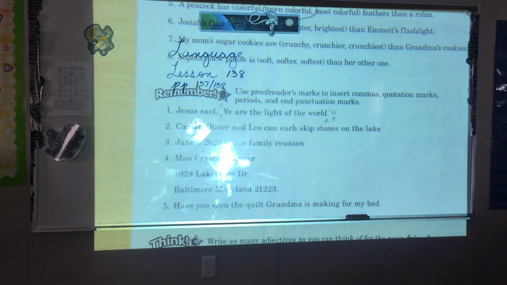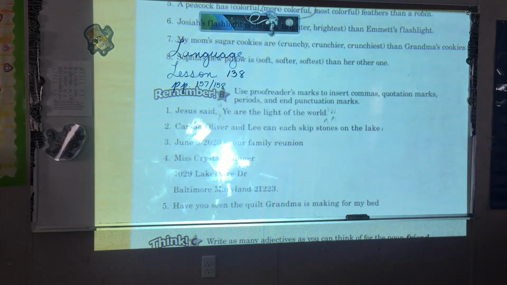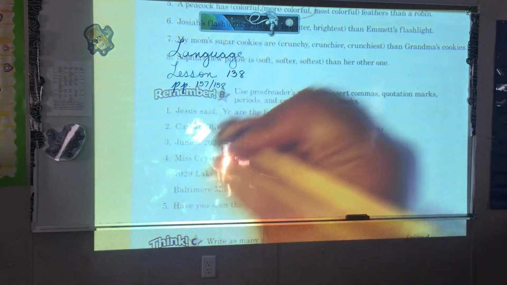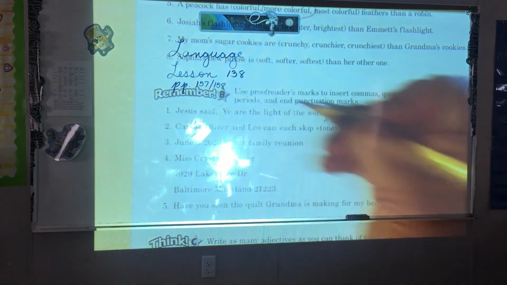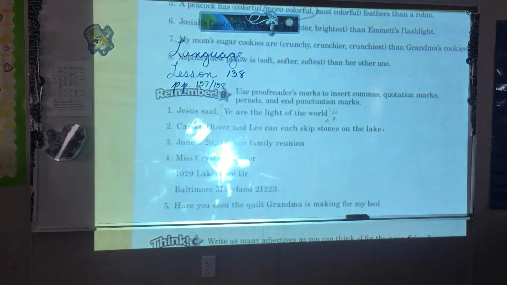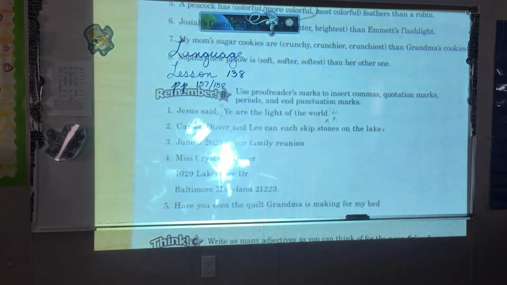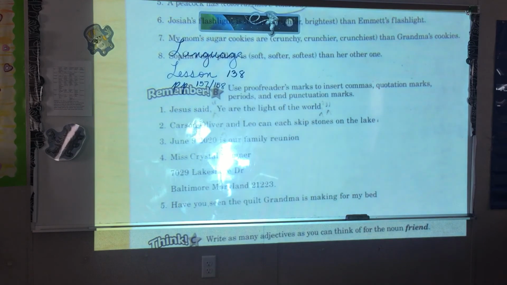Carson Oliver and Leo can each skip stones on the lake. Oh, Carson, Oliver, comma, and Leo. I thought this was one person, first name, middle name, but no. 3 different people, so they are commas.